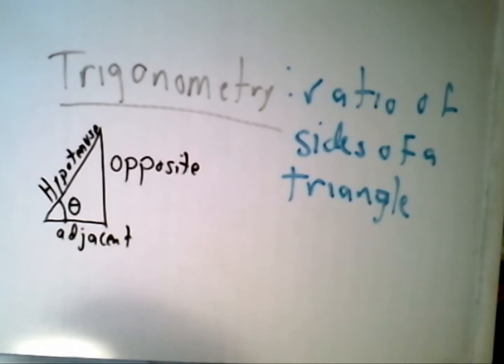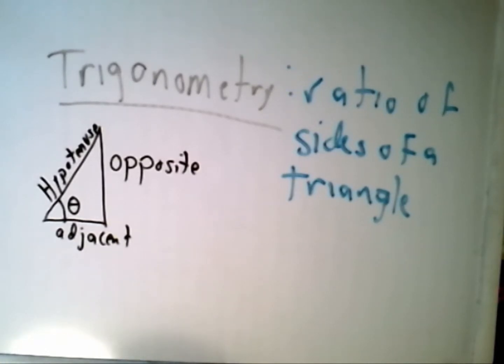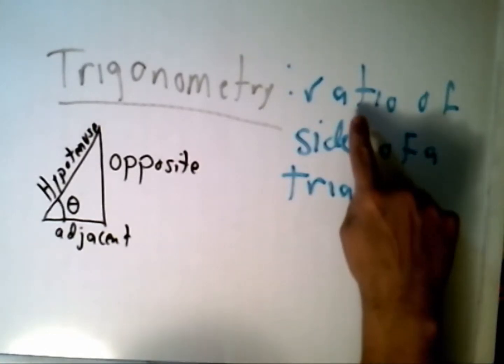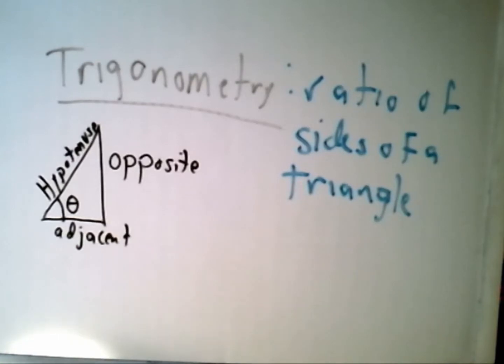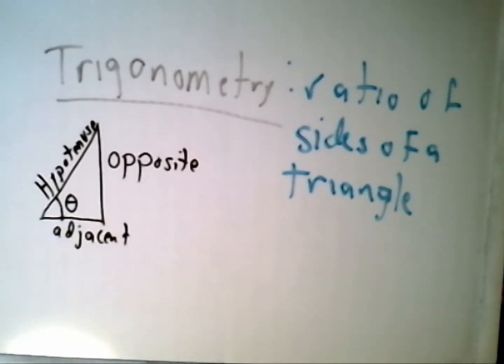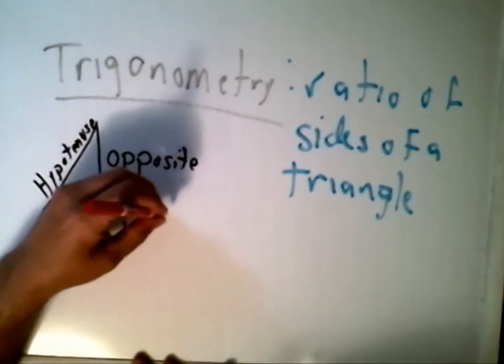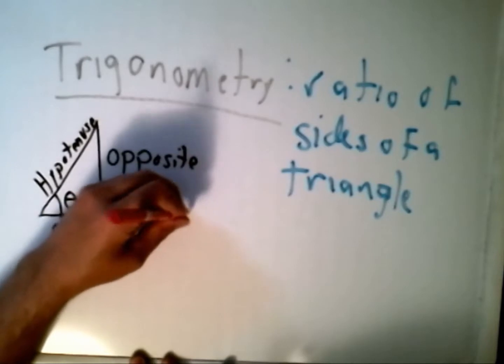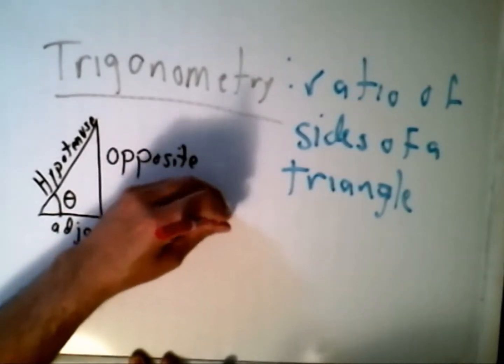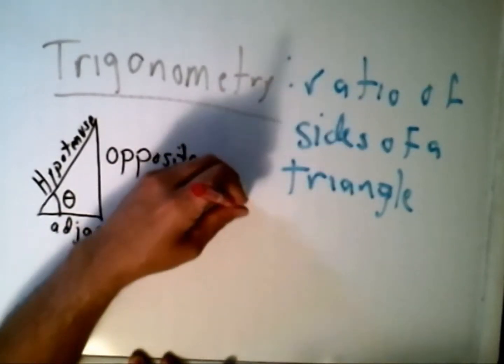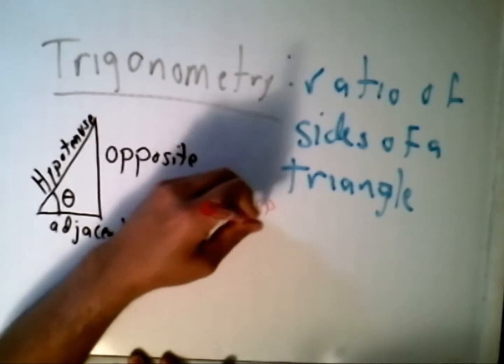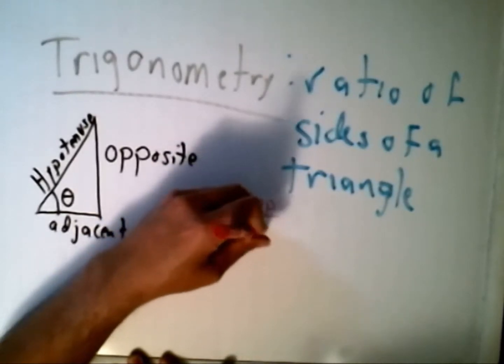So there are three rules in trigonometry which talk about a ratio between two of these sides. And most likely you've seen them and used them sometime in the past. One of them is called the sine of the angle, and that's the relationship between the opposite side over the hypotenuse.